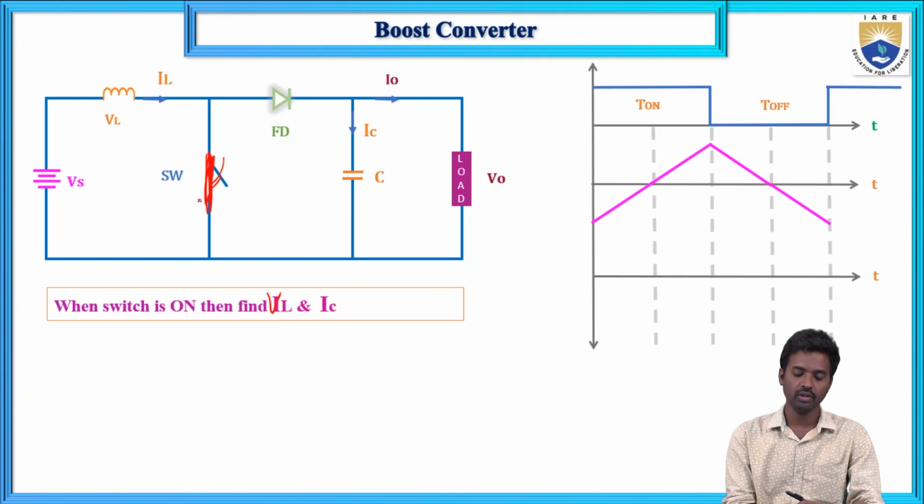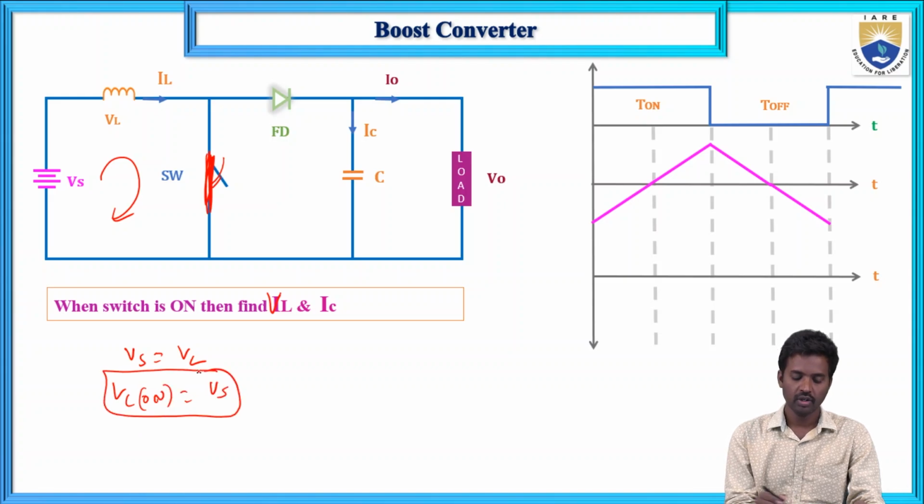In this condition, apply KVL in this loop. So Vs is equal to VL, so VL on equals Vs only. So when the switch is on, the voltage across the inductor equals Vs only.